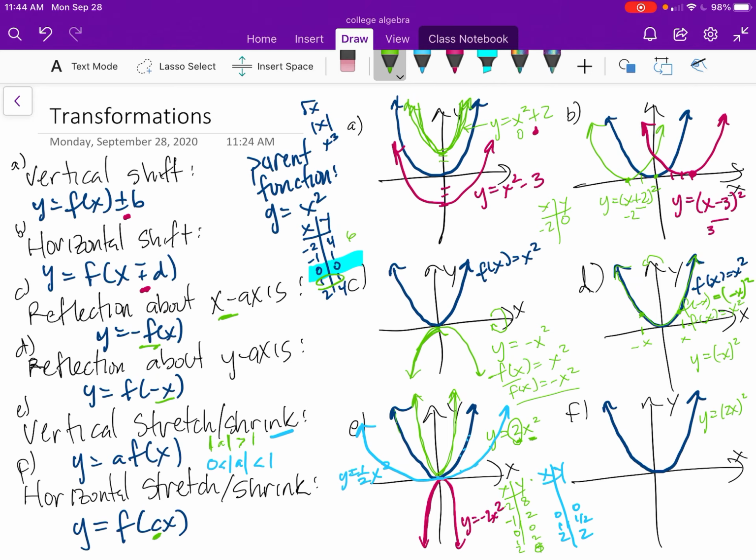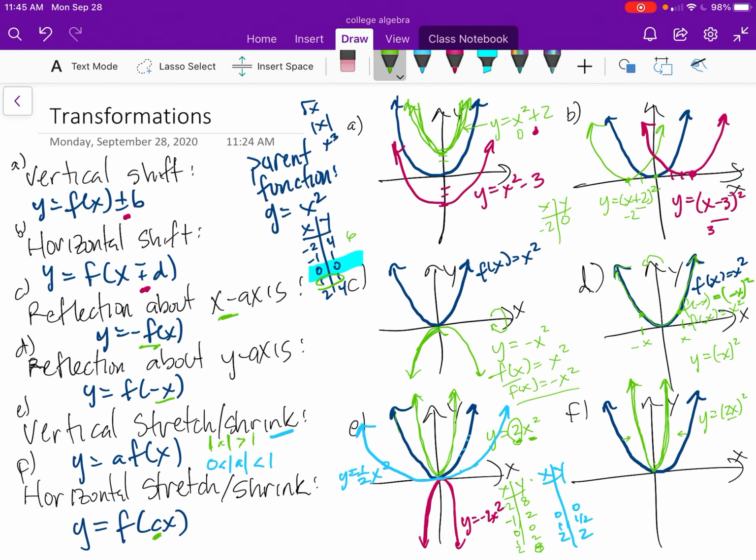So if I'm multiplying the x by some value, in this case 2, then the entire thing is affected, right? 2x to the second. Horizontal shrink would mean take all the original values and shrink them. So I'm shrinking this way. But you could argue, that kind of looks like the last one, like that's a vertical stretch. Well, yes, a vertical stretch could look like a horizontal shrink.